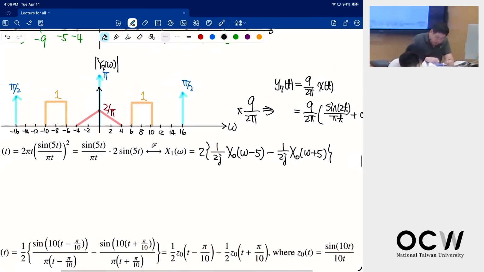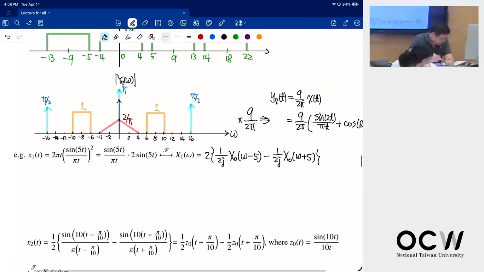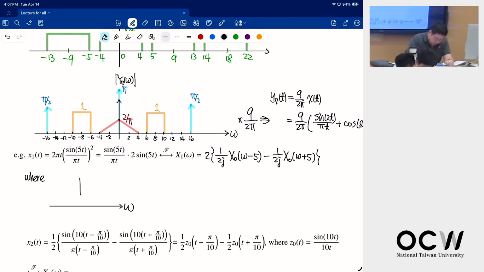And actually, this is omega naught, the magnitude of omega naught. Its sinc function will be a rectangular pulse in frequency domain.